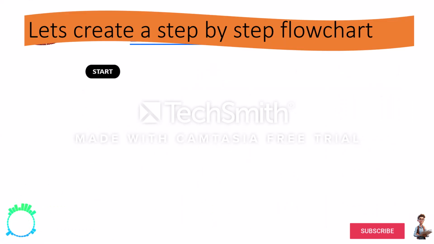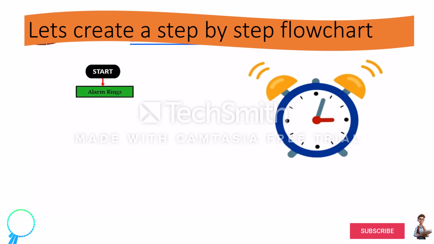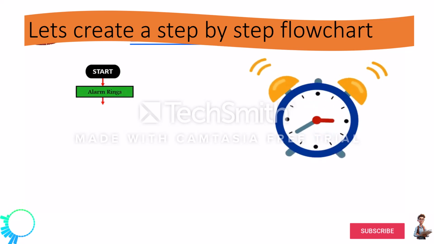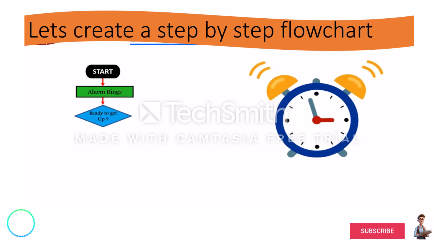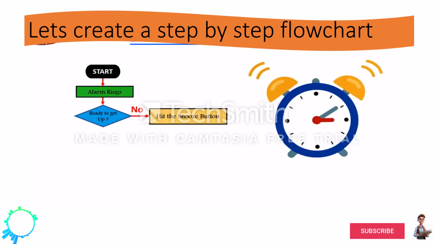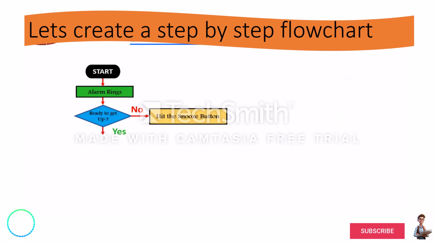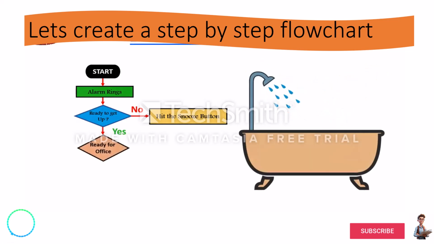Now, let's create a flowchart step by step by watching this video. Next, we have the connecting lines or flow lines. Next, we need to define the process. The process is that the alarm rings. Now, we'll have a decision box. Are we ready to get up? So we'll have two options, yes or no. If it is no, that you are not ready, then probably you will hit the snooze button. But if you are ready, then are you ready for office?